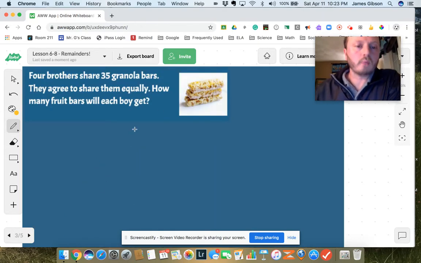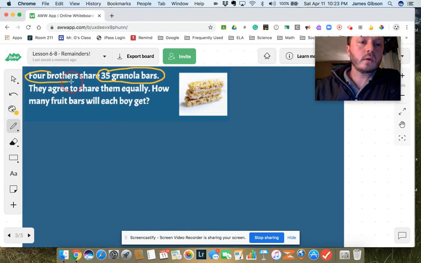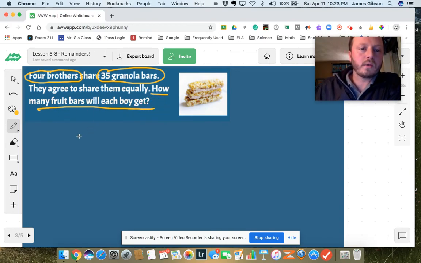Okay. So, our first problem involves granola bars or fruit bars, whatever we want to call them. Four brothers share 35 granola bars equally. How many fruit bars or granola bars will each boy get?